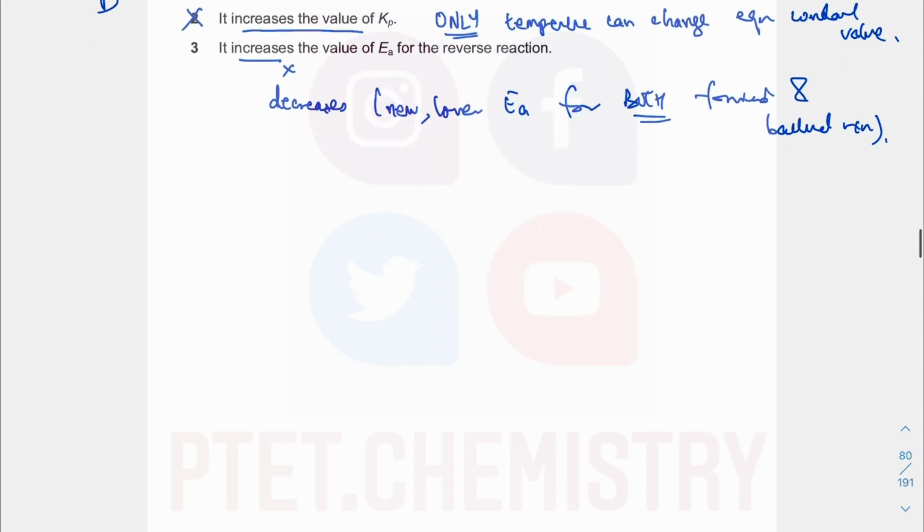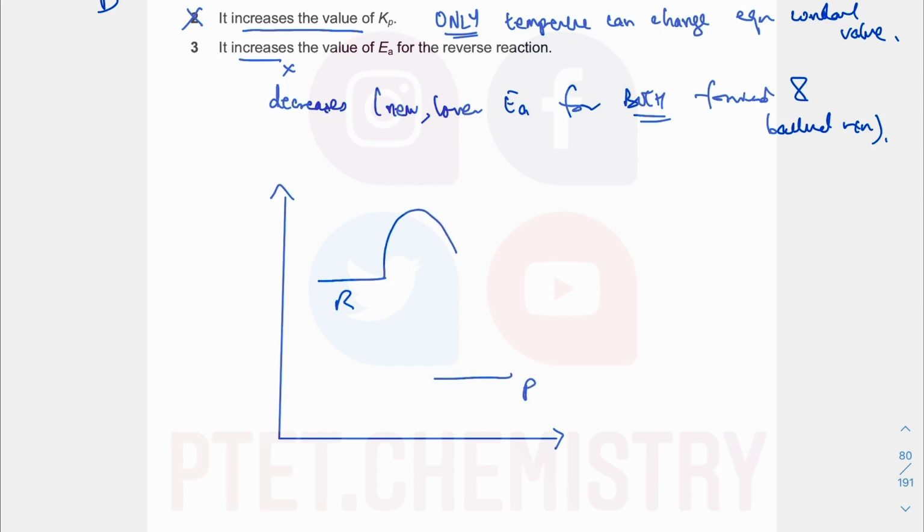Okay, so I guess a simple diagram is probably the best way of representing it. If I have a reactant and a product, so I could have that, but I could also have a catalyzed reaction like this. If I do this first, so this is energy, this is progress or extent of reaction, or reaction coordinate.